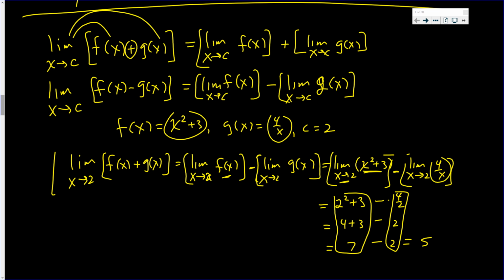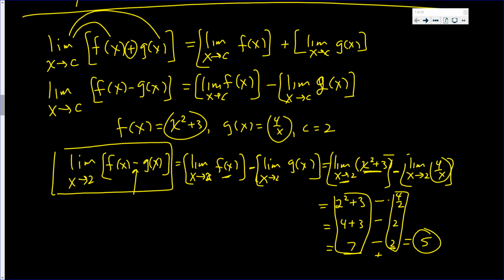This limit, oh, I should change it here as well. Sorry. Glad I checked. This limit right here would equal the number 5. And when it said plus, it would have equaled 7 plus 2, which was 9.